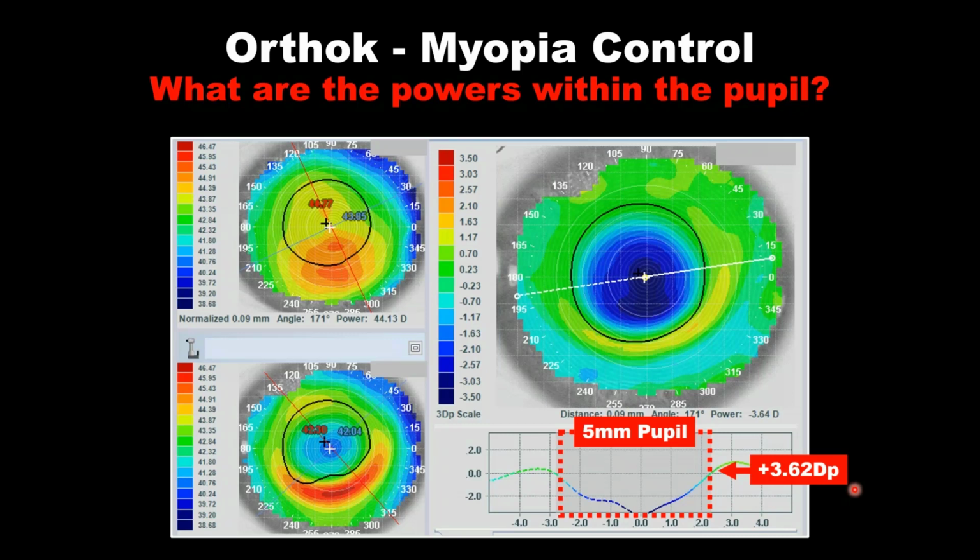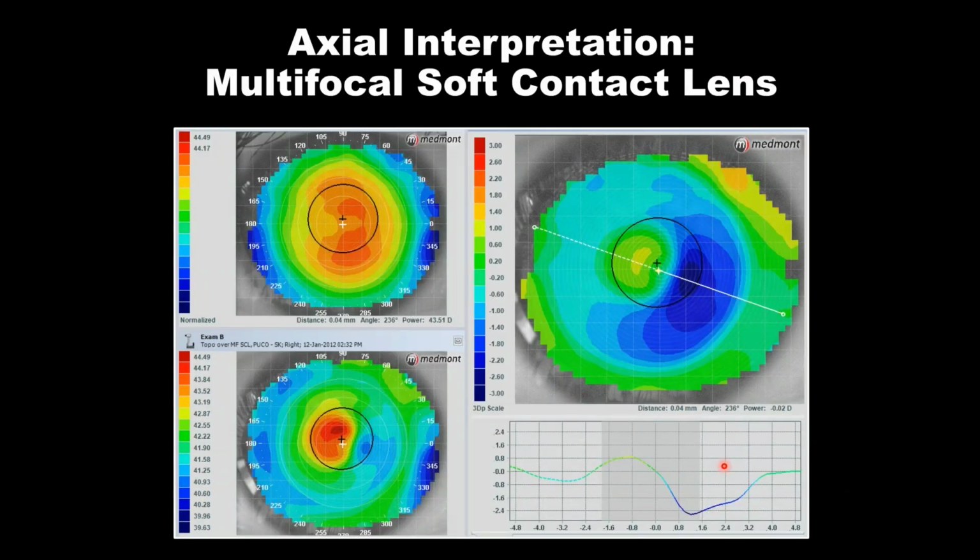Push as much plus as possible to try to send the strongest signal to slow down eye growth. So in this case, we're pushing over 3.5 diopters of plus power. This is a very good myopia controlling outcome, or we would suspect that we have done the right job for myopia control. What about soft multifocal lenses?